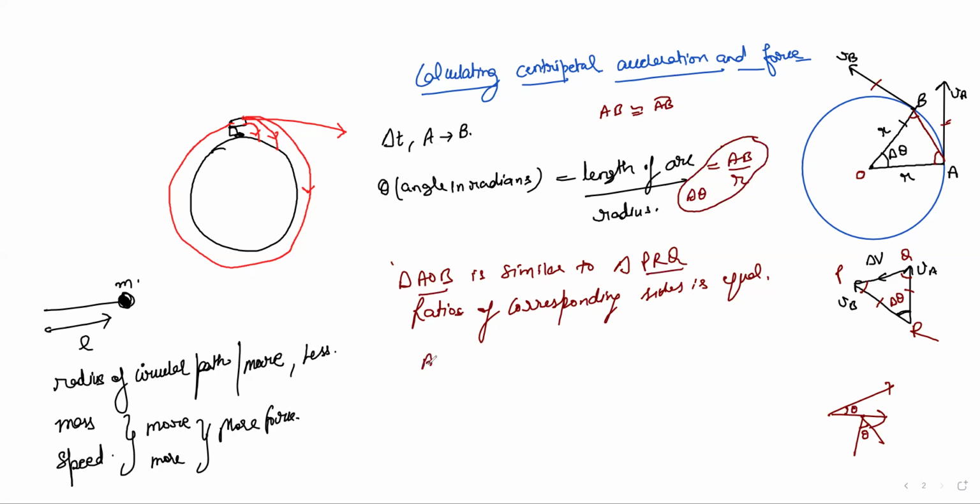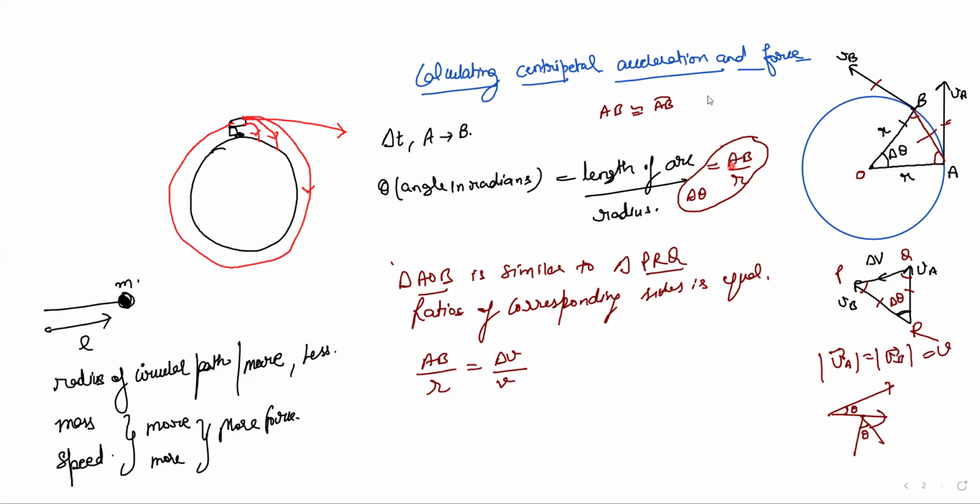So AB upon R is equal to delta V upon V. Let's say the magnitude of VA equals the magnitude of VB equals V, meaning both sides have magnitude V. Corresponding sides we are taking, this side by this side of this triangle, and this side and this side of the second triangle.